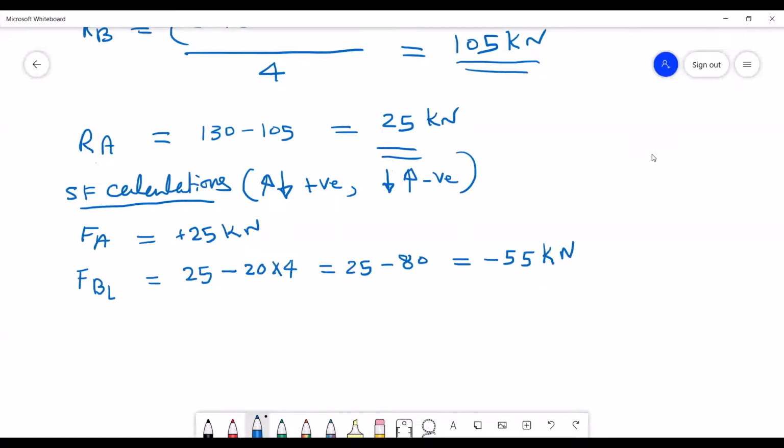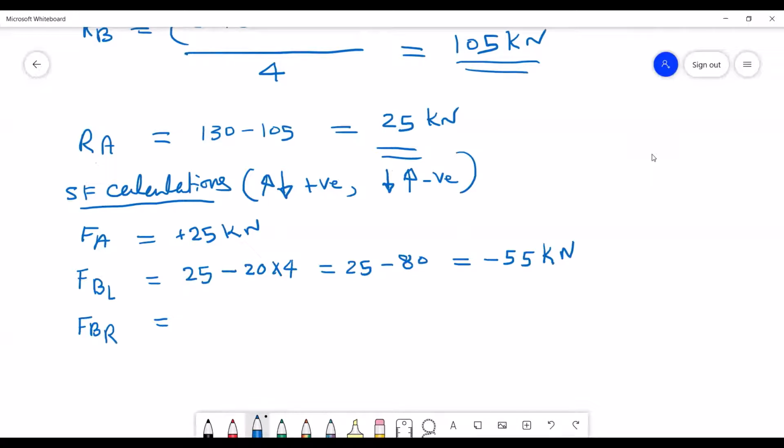Now let us come to the other side, the right. We take the section first on the left side of B, then to the right side of B. Normally when teachers show this in your college, they will rewrite whatever is written up to now, that is 25 minus 20 into 4, and then come to the next force.